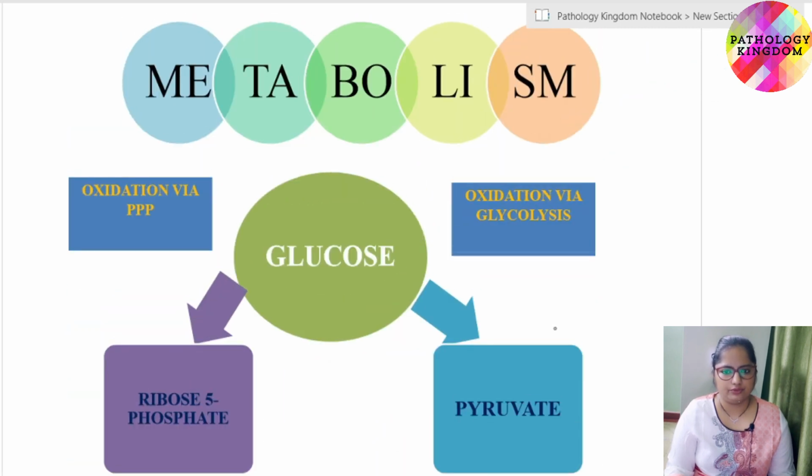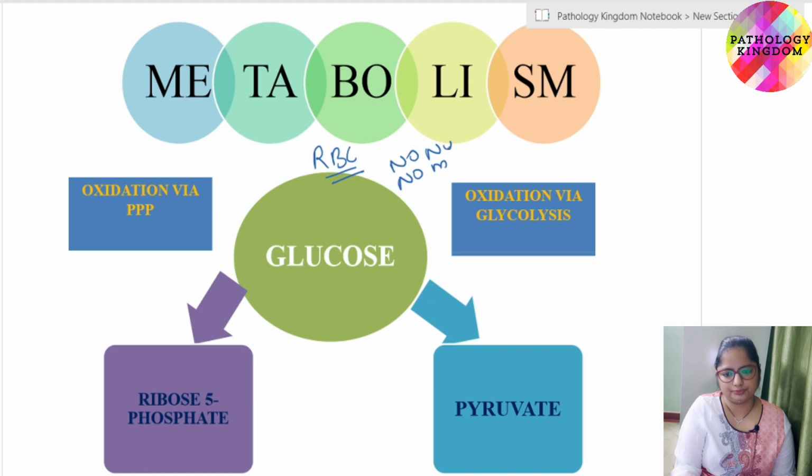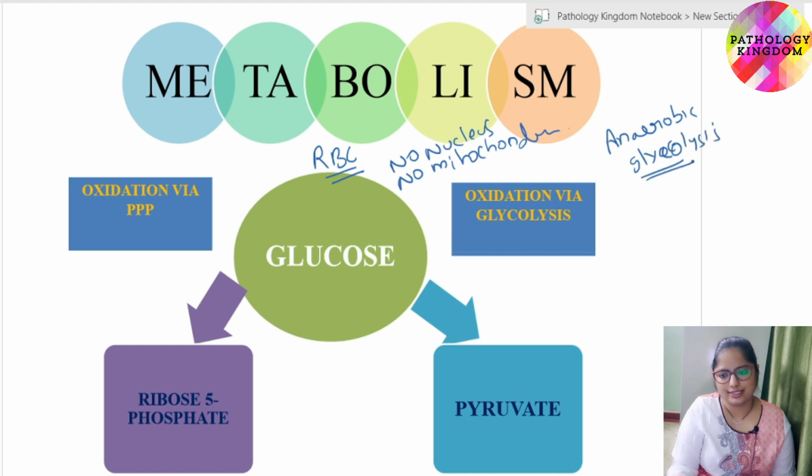Now we have discussed the metabolism of red blood cell. As there is no nucleus, no mitochondria, so energy production is through anaerobic glycolysis. Glycolysis means breakdown of glucose.